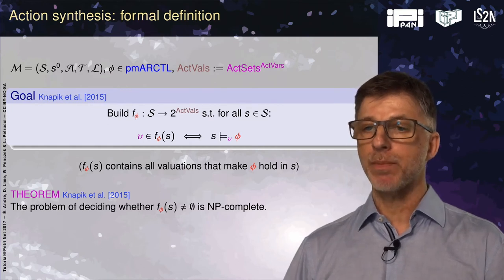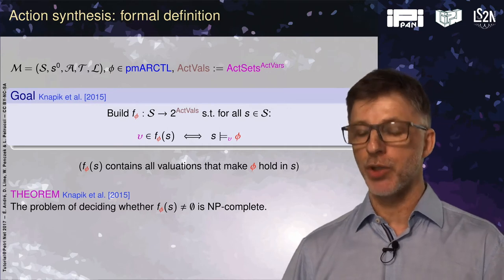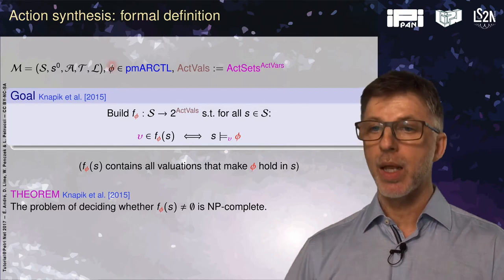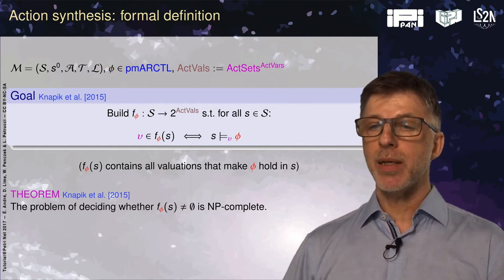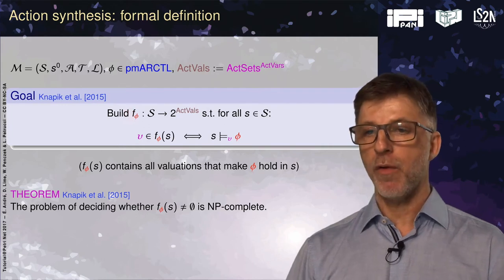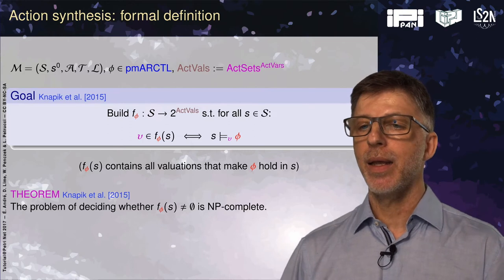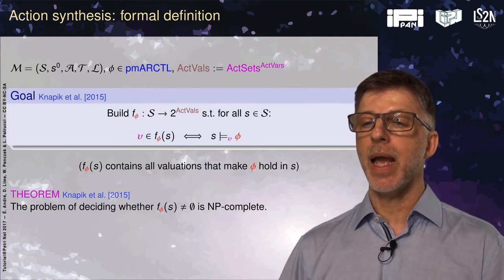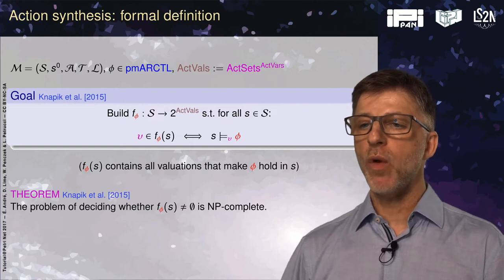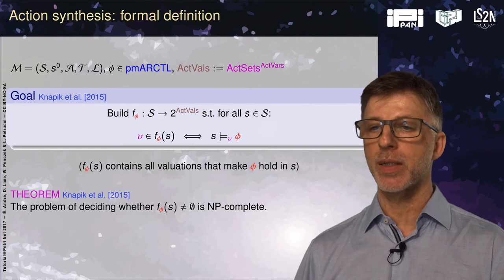Now our aim is, for any formula of that logic, in this case the formula phi, to find a function which for each state assigns a set of action variable valuations such that the following equivalence holds.